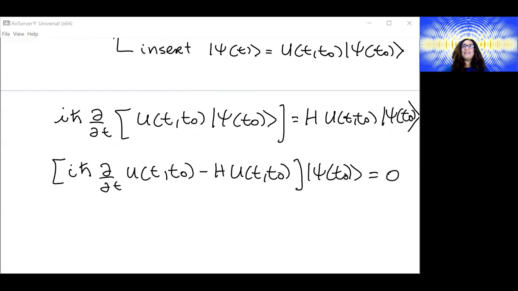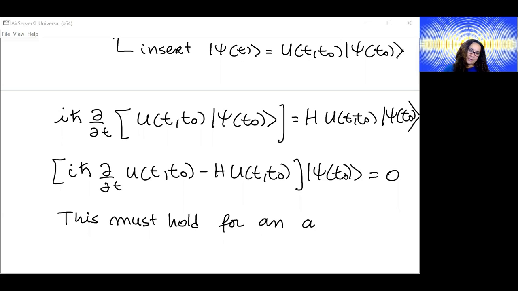Now, I want this to hold, and this is important, I want this to hold for an arbitrary |psi(t0)>. Why am I saying that? Because, well, we'll also have the trivial solution, right?